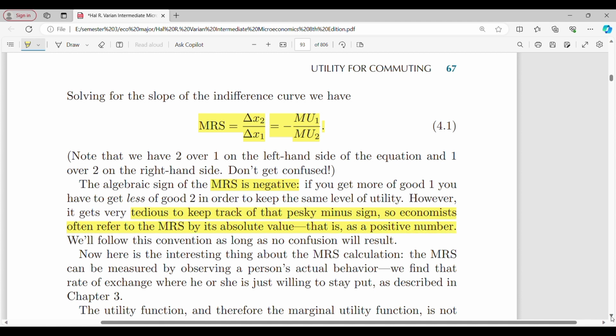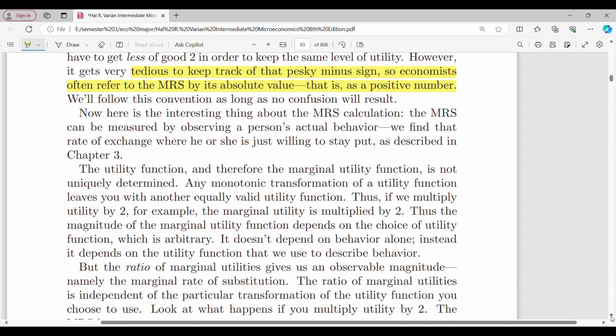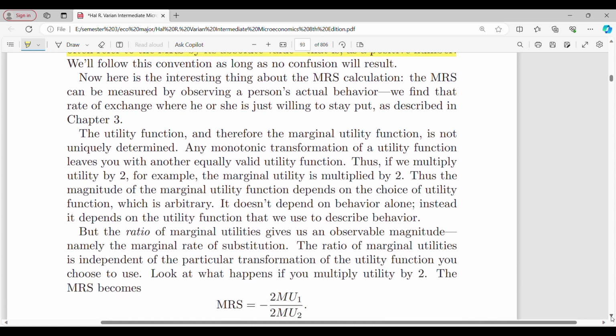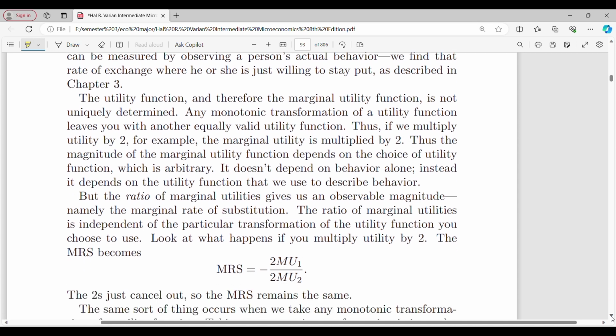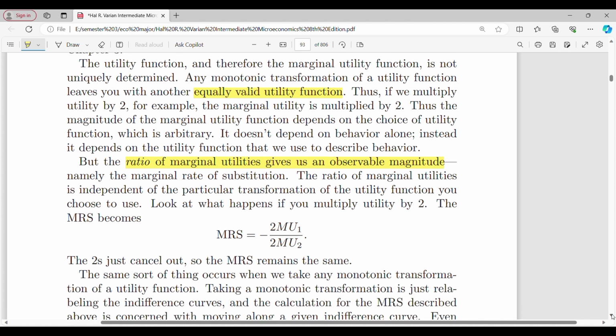Okay. So here there is nothing much important. Just read it. It is just speaking of this equally valid utility function. Like when we divide the utility by 2 or 4, whatever, the ratio is not changing, right? The ratio of the marginal utilities gives us an observable magnitude, and it is not changing whether we divide by the same number. So that's it here.